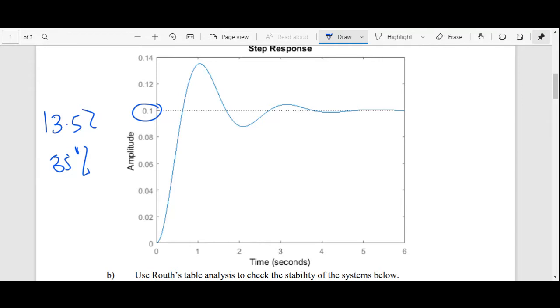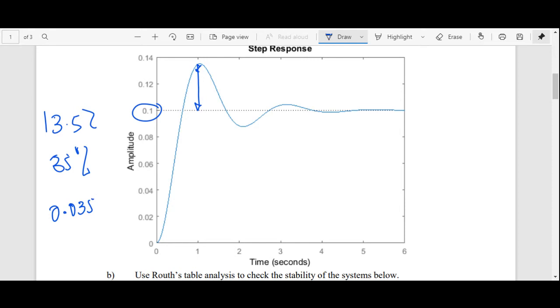So what is this distance? What's that distance? Not percentage. No, what's that distance? Overshoot, sir. Yeah, but instead of a percentage, a value. Zero point 035. All right, so this distance here is 0.035. Go again. All right, something like that. Yes, sir.